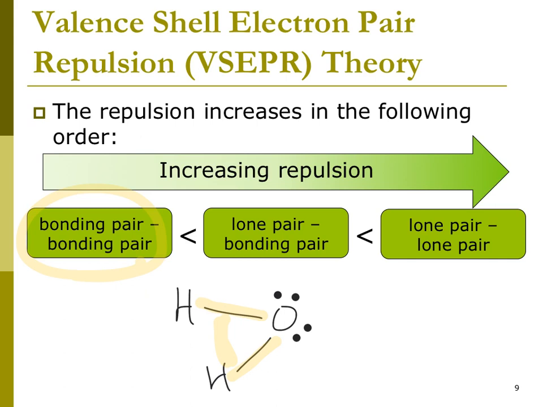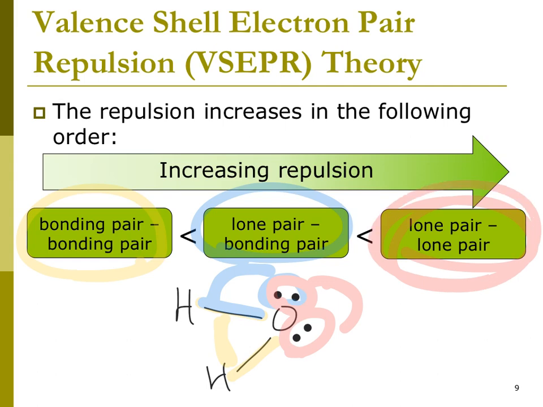The next strongest would be between a lone pair and a bonded pair. So in between the bond of a single oxygen and hydrogen and one of its lone pairs. That would be the lone pair to bonding pair repulsion. The strongest repulsion of all is between 2 lone pairs. Lone pair to lone pair repulsion is going to drive the shape the strongest. It's going to push the hardest and be repelled the most.